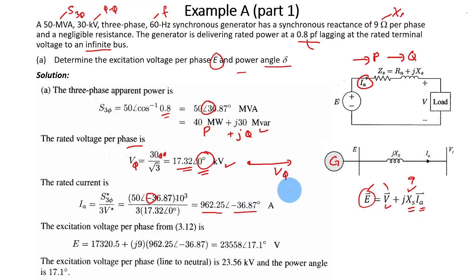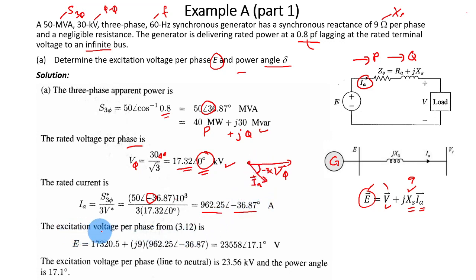Now you can draw the phasor diagram. This is the V phase, and then the current, because the angle is minus, is at minus 36.87 degrees. That will be your phasor for IA, and this is the phasor for V phase. This is the angle between the voltage and current.